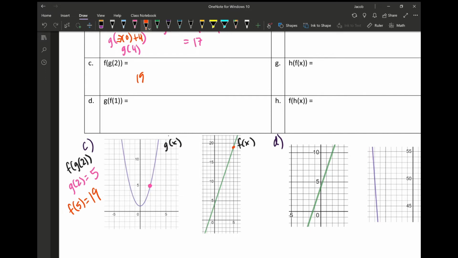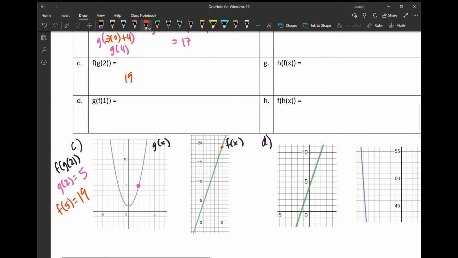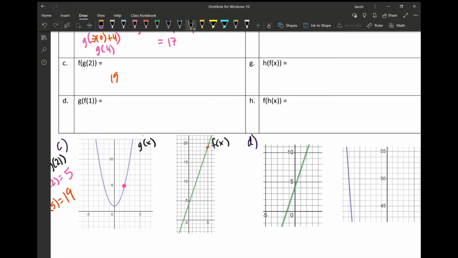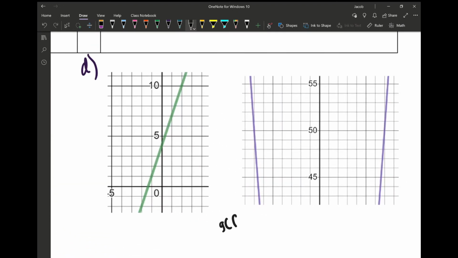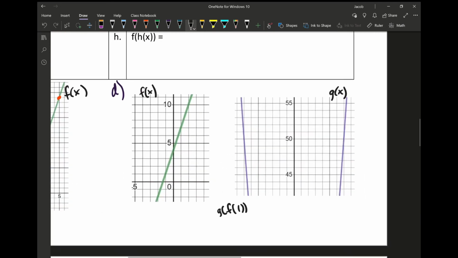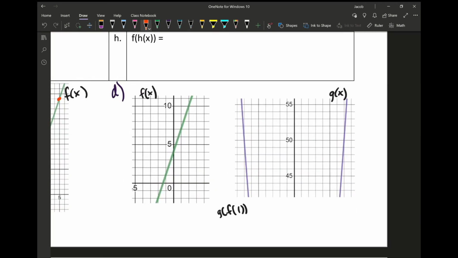I'm just looking at the y values because those are the outputs. X values are my inputs. And then for D, I want to know what g of f of 1 is. Here's my g of x. Here's my f of x. If I look at f of 1, f of 1 is equal to 7.